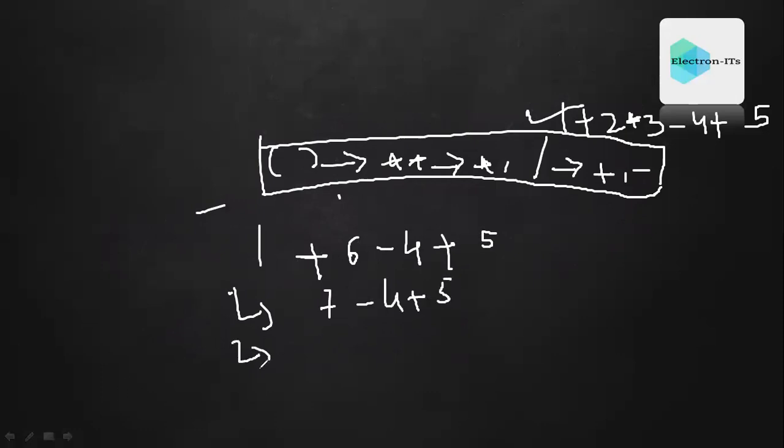Addition and subtraction are performed from left to right, so 7 minus 4 will be 3, then 3 plus 5, and it will generate the result as 8. So this is how you have to follow the order of calculation when you are dealing with numbers.